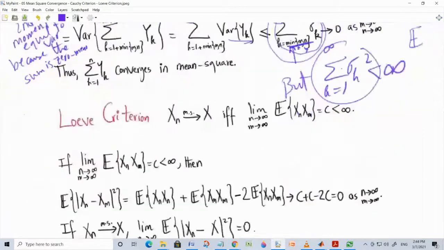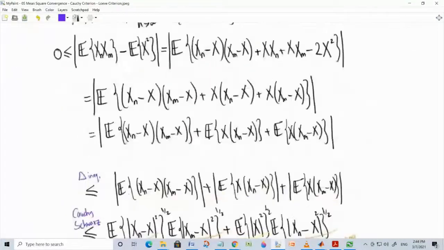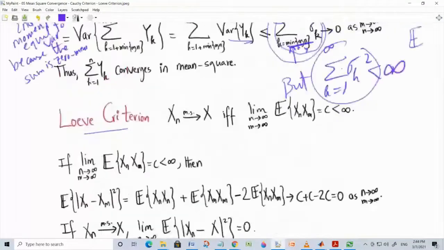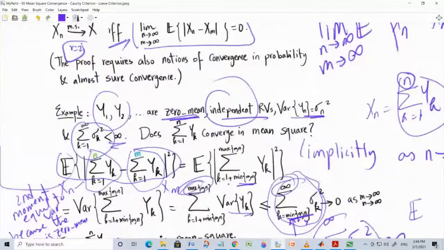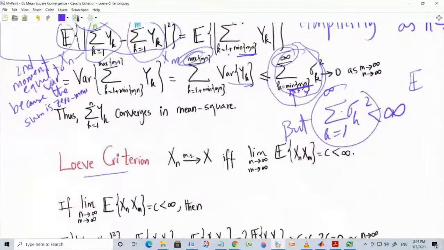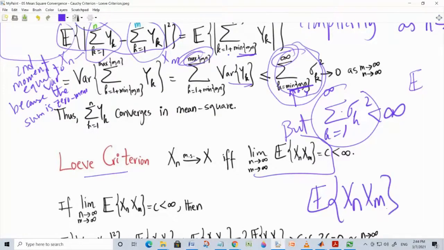And there is another criterion. I will leave the proof to you; if you take the Cauchy criterion for granted, then you can do this proof. Rather than examining the difference between xn and xm, you study the expectation of the product xn xm.